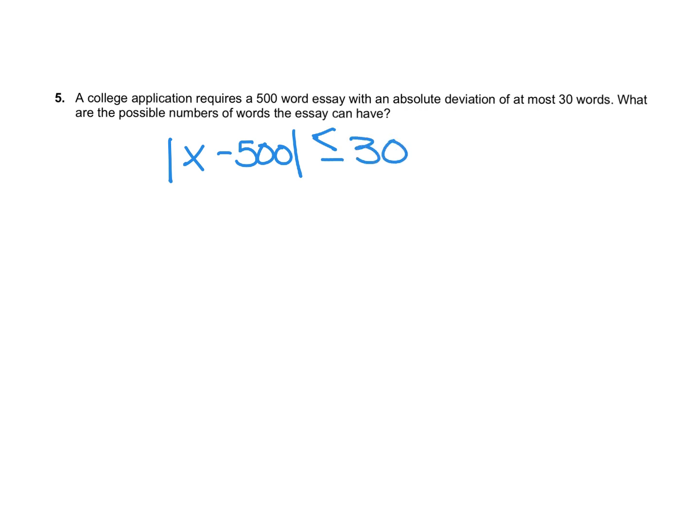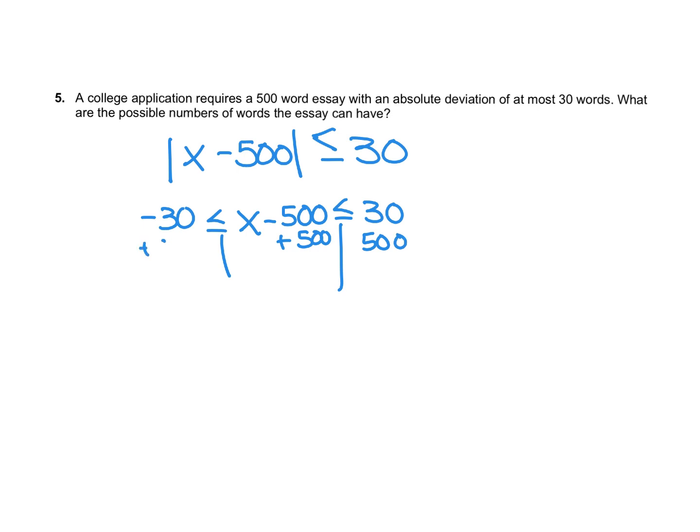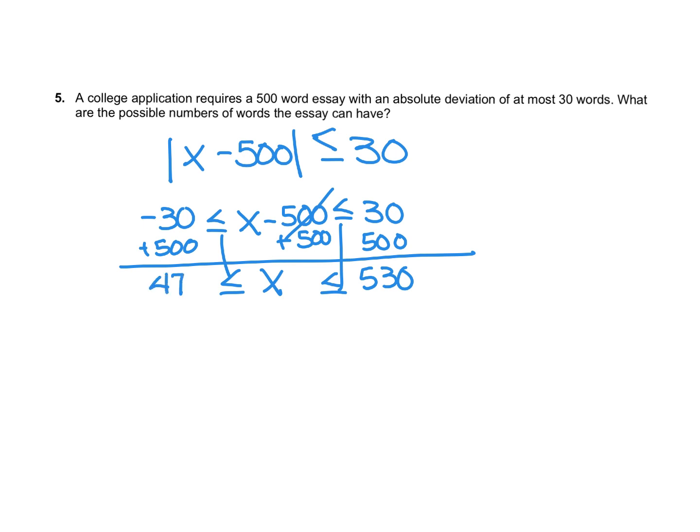So because this is less than, this is going to be an and, I would have the x minus 500 is less than or equal to 30, and then I would have greater than or equal to then negative 30. And so on our college application then, if I added the 500, you're going to have x, and you'd have 530 words, and then greater than or equal to 470 words.